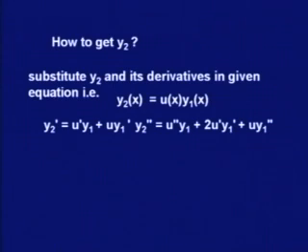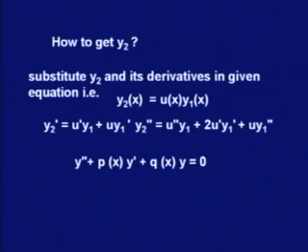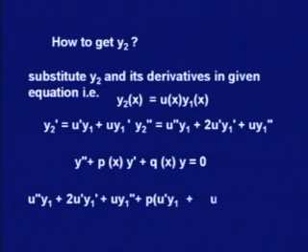We will put all these in the given equation y'' + p(x) y' + q(x) y = 0. So, we put them one by one, we get u'' y1 + 2u' y1' + u y1'' + p(u' y1 + u y1') + q u y1 = 0.